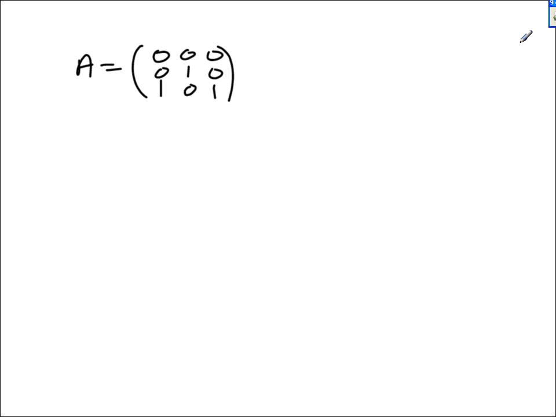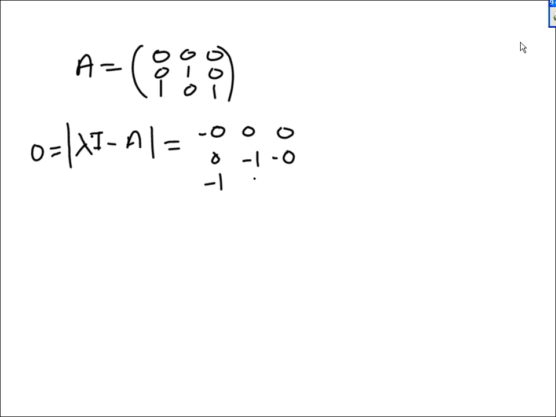Well, let's find the lambdas. So first we want to do lambda I minus A. We want to set this determinant equal to 0. So here is the negative A. You really have to put the negative there on the diagonal, even if it's 0.